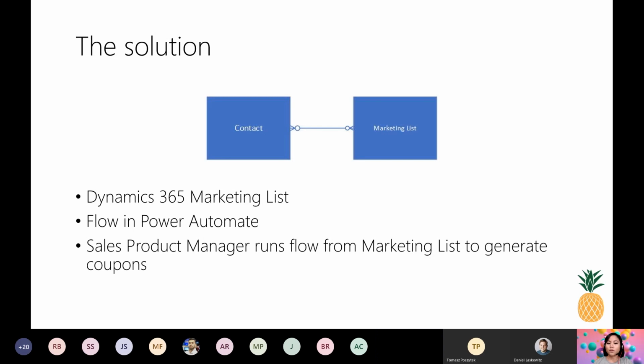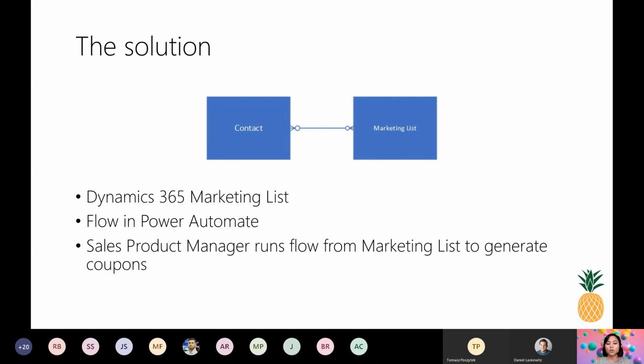So the solution. In the Common Data Service as well as Dynamics 365, if you have the Sales Hub app, I believe, there's an entity called Contact and there's an entity called Marketing List. Out of the box, this is what we call a many-to-many relationship. A contact can be associated to many marketing lists, and a marketing list can be associated to many contacts.